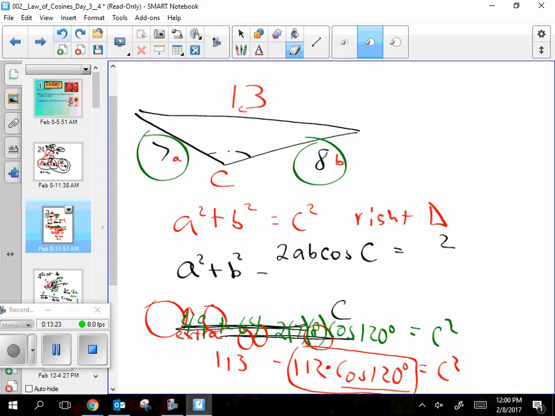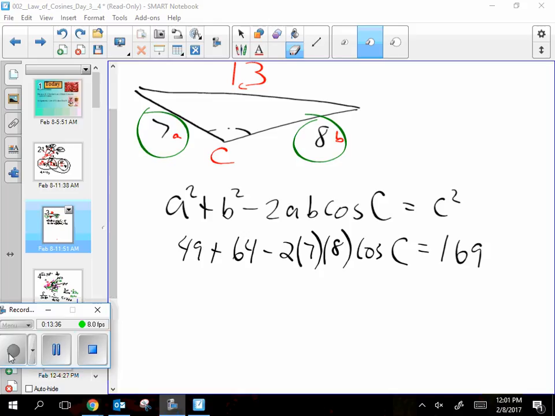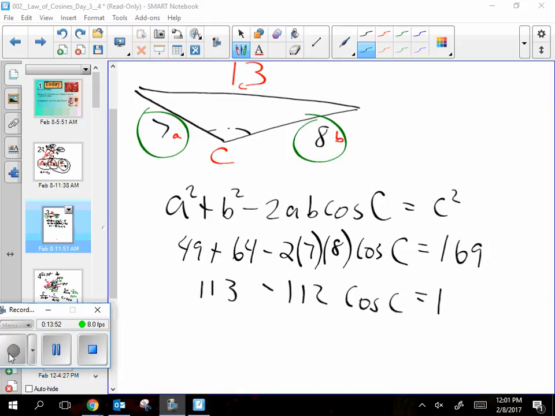All right, I'm going to pause while you guys stick those numbers into our big formula here. Okay, so this one, we have 113 again, thank you, minus 56 times 2, 112, cosine C equals 169.